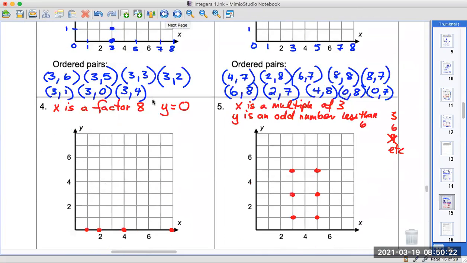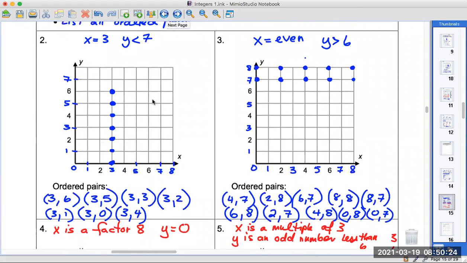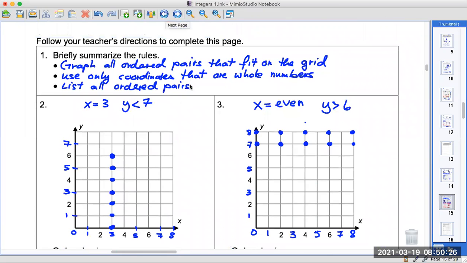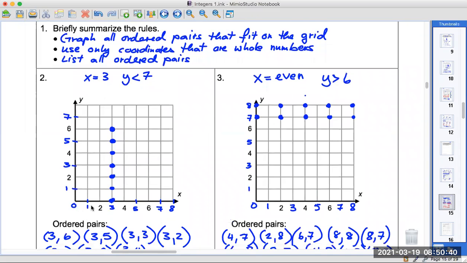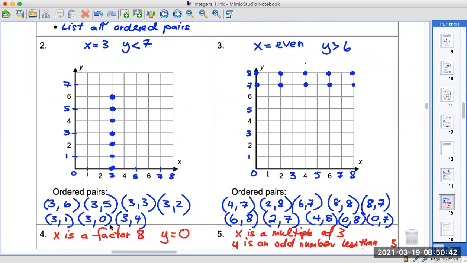This is page 12, where you had parameters, meaning rules to go by. And I gave you the rules. Graph all ordered pairs that fit on the grid. They have to fit. Use only coordinates that are whole numbers, and you have to write down all the ordered pairs, which are down here.